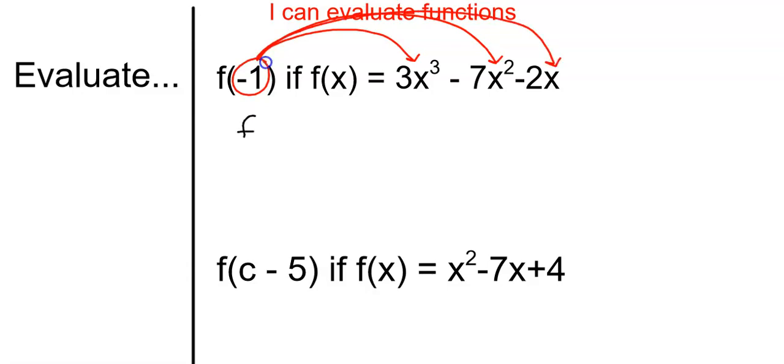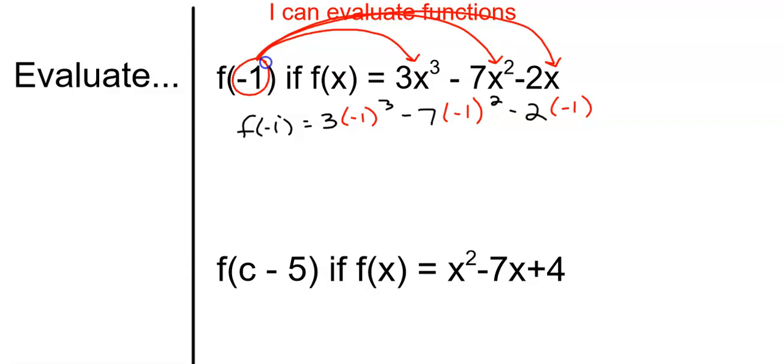So f of negative 1 is 3, and then we have our first x. So there we can see we've substituted in negative 1 three times for all 3 x's. Okay? Then what you want to do is follow through with your order of operations.